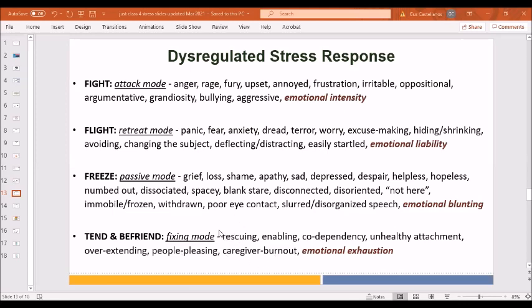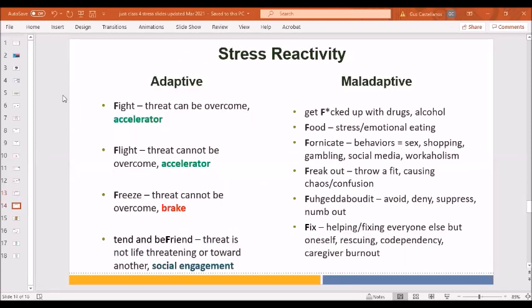So as a stress response, when we feel stressed out, some of us will go into helping everybody else, but not attending to ourselves. So this is basically how it really pans out to be dysregulated, manifests more like this than actual physical or life-threatening danger that we may be in.